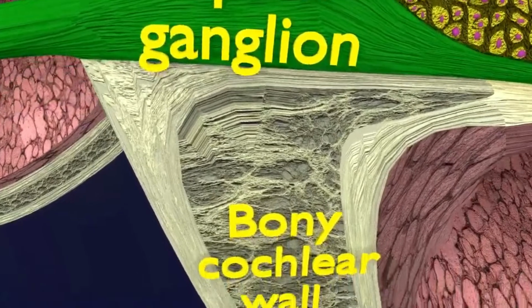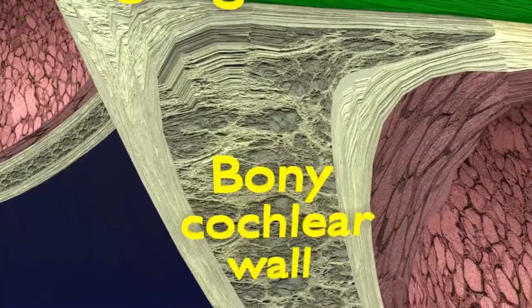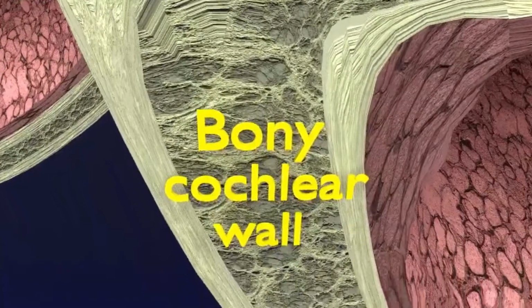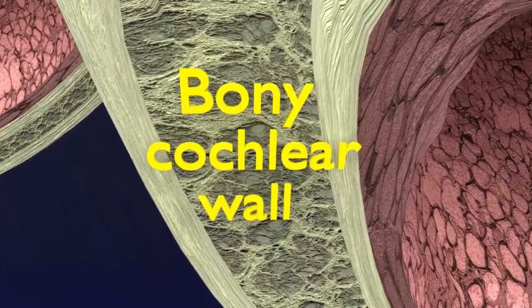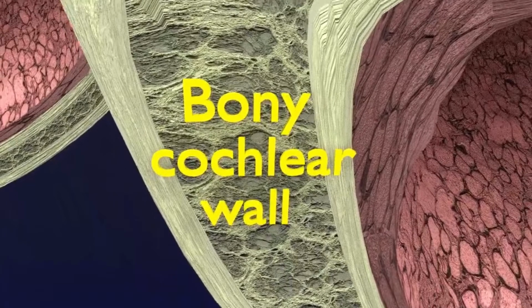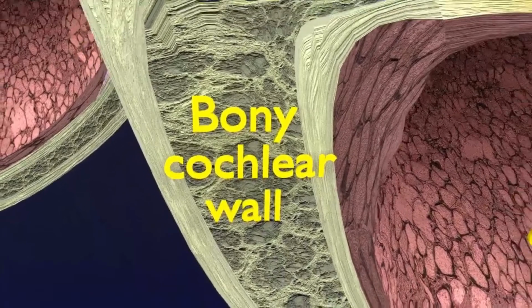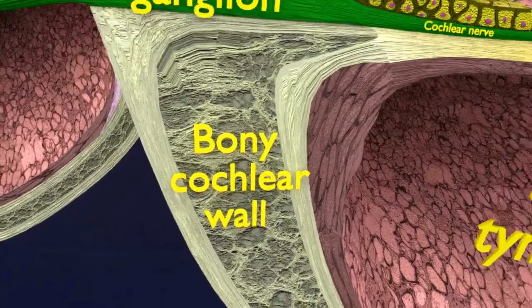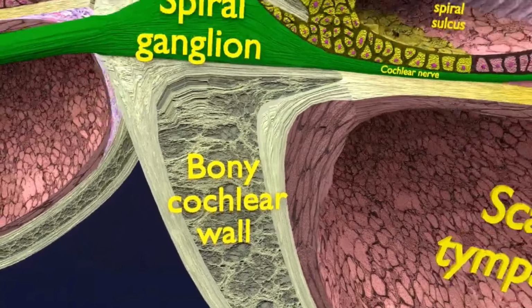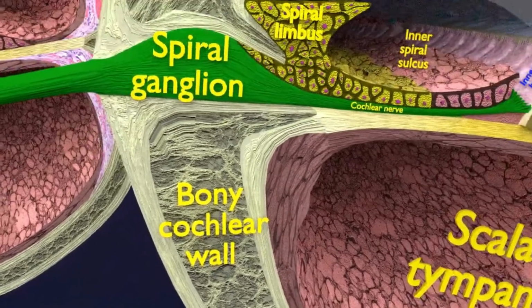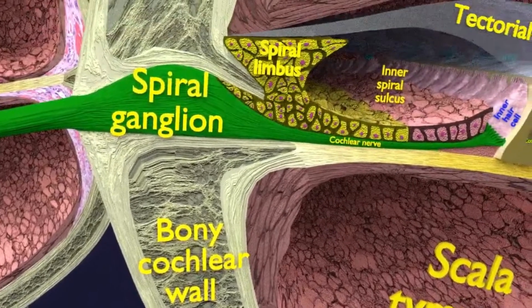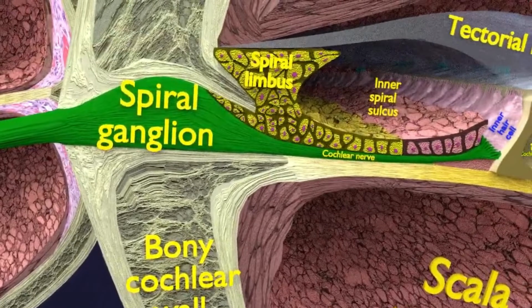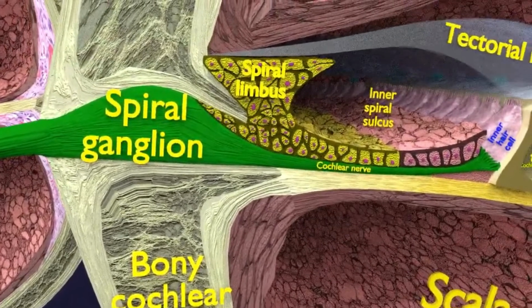The neurons of the spiral ganglion are called bipolar cells because they have two sets of processes or fibers that extend from opposite ends of the cell body. The longer central processes of the bipolar cochlear neurons unite inside the spiral ganglia and are twisted like the cords of a rope to form the cochlear nerve trunk, also called the primary auditory fibers.